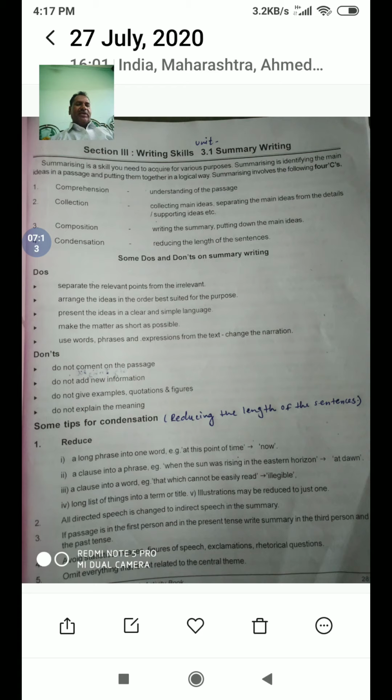Secondly, the writer may begin with details and arrive at the main idea in the end. And the last one, the writer may give some supporting details, then give the main idea and again provide more details.